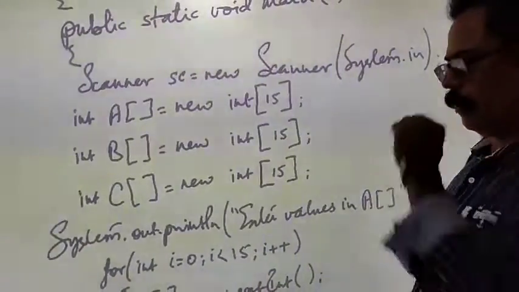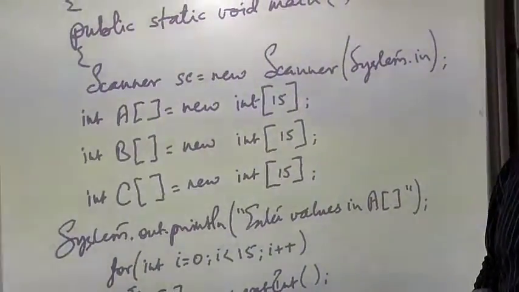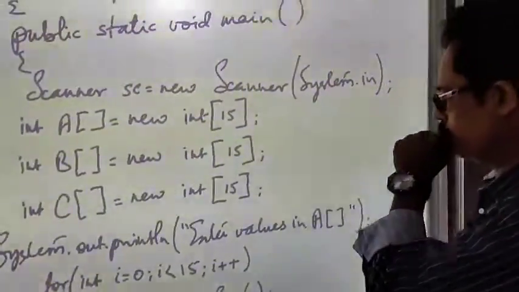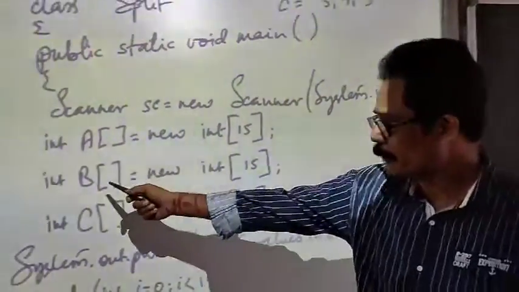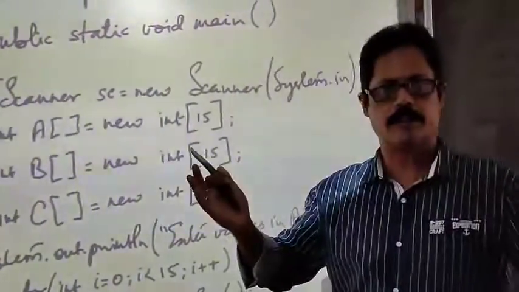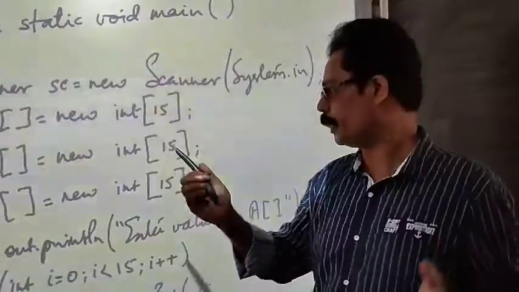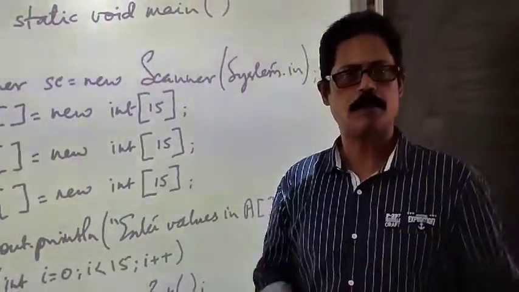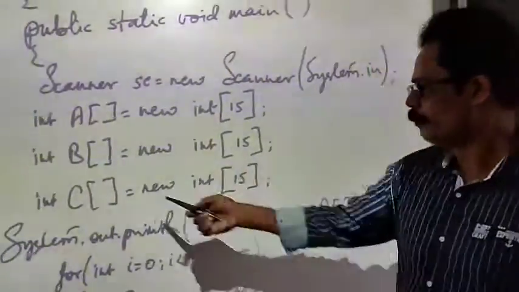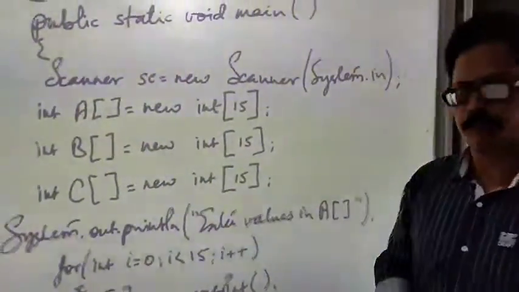It is because, the theory of probability says, there can be 15 integers, and they can all be even, or all of them can be odd. So that is the reason that we are taking B as 15 and C also as 15.